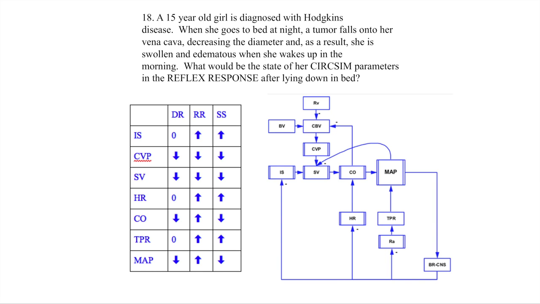So that increases the peripheral venous pressure and volume, but downstream of the tumor, the central venous pressure, particularly the pressure in the right atrium, is going to drop because our venous return is going to drop.